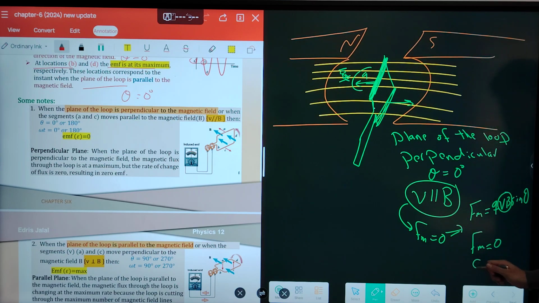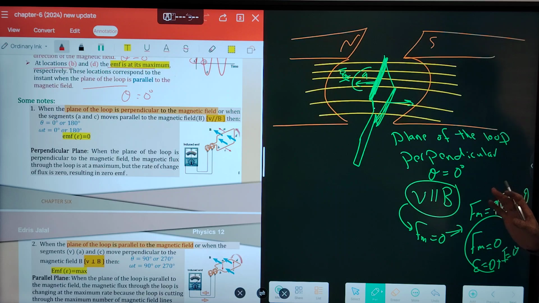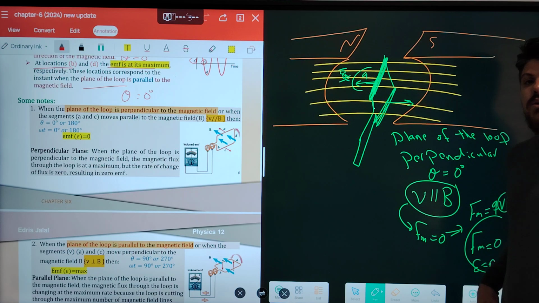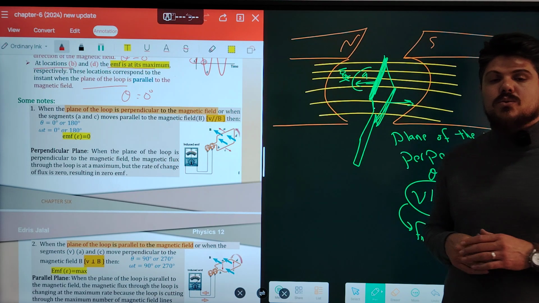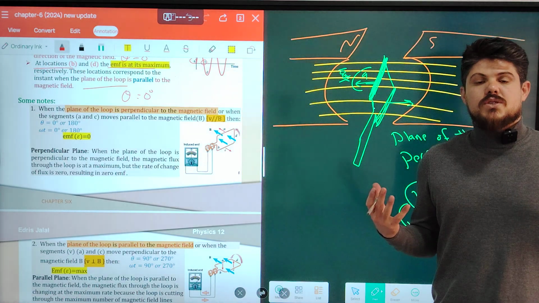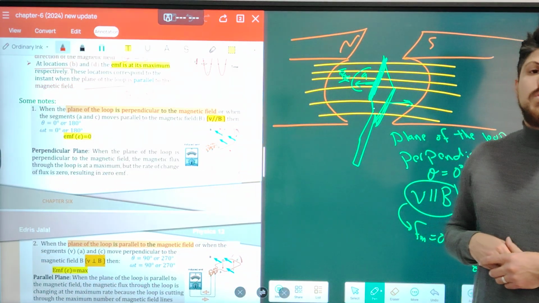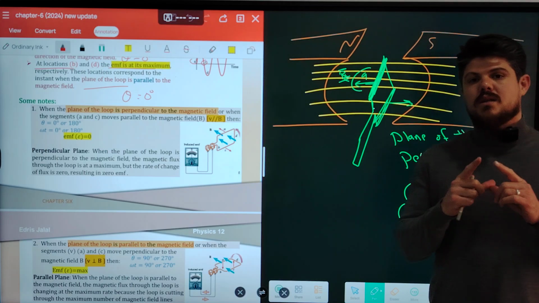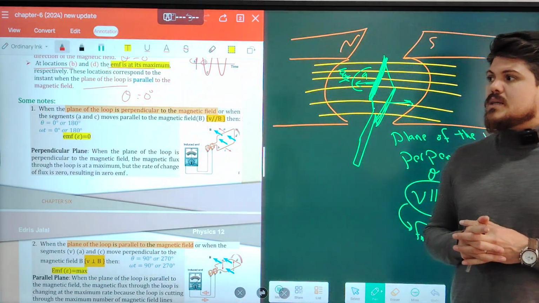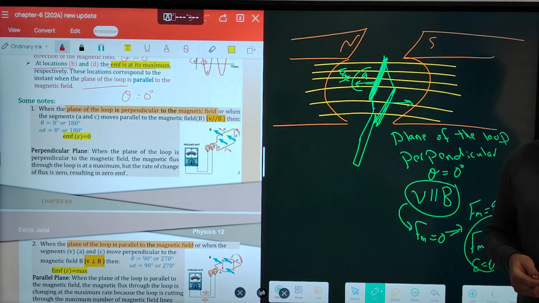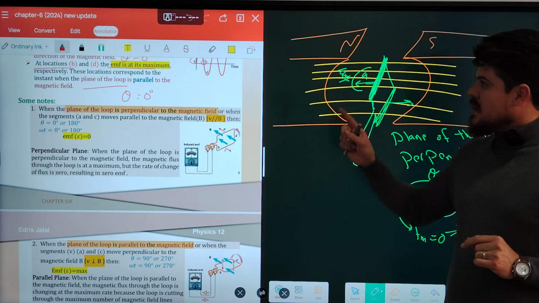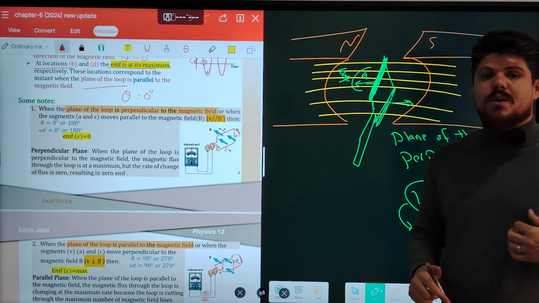When the magnetic force is 0, EMF is 0 and the induced current is also 0. If someone asks you why, when the plane of the loop is perpendicular to the magnetic field, EMF and current are 0 even though the maximum field crosses the loop: it is because the change of the magnetic field is 0. Why? Because the segments A and C are moving parallel.